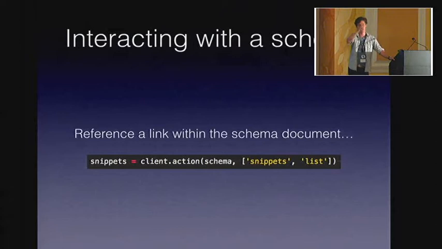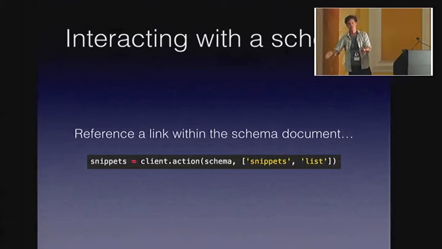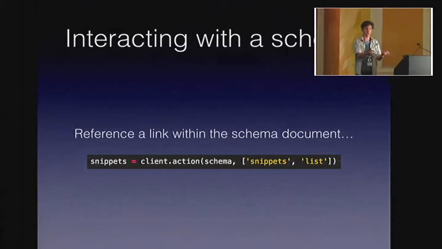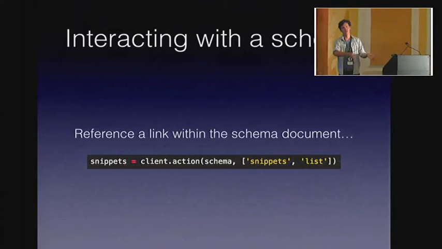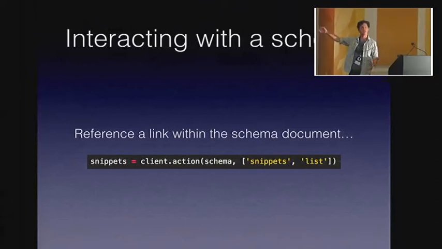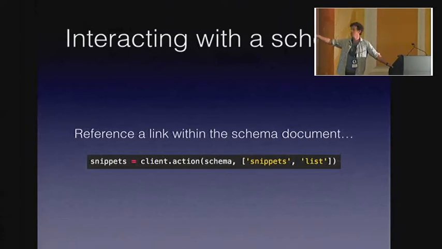So we go first into snippets, then we go into list, and that's the link that we're going to interact with. Again, we'll look up the link, we'll see what is the URL on this link, what is the scheme for this URL, hand that over to the transport. The transport goes and makes the request. In this case, we will get back a plain JSON response from this endpoint.